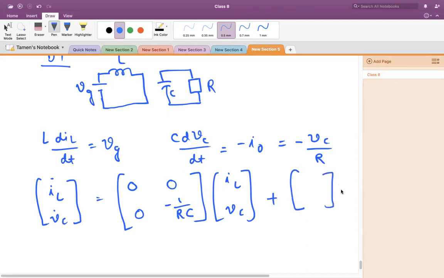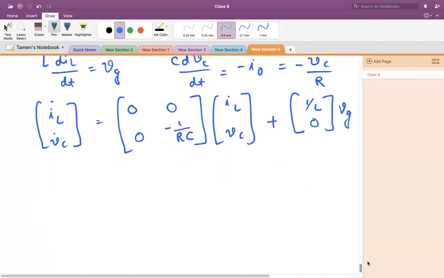What about in terms of VG? It will be 1 over L, and 0. Good. So this part we have done. Next, we'll move to the 1 minus D part directly.